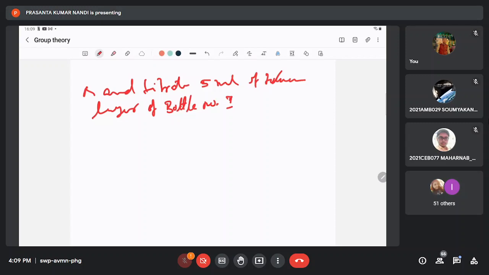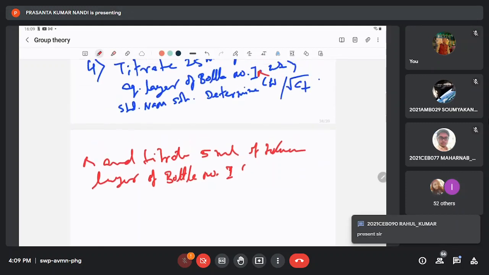I'm not writing using phenolphthalein and the same thing, it is written there. So you have to determine that quantity, CW by CT.